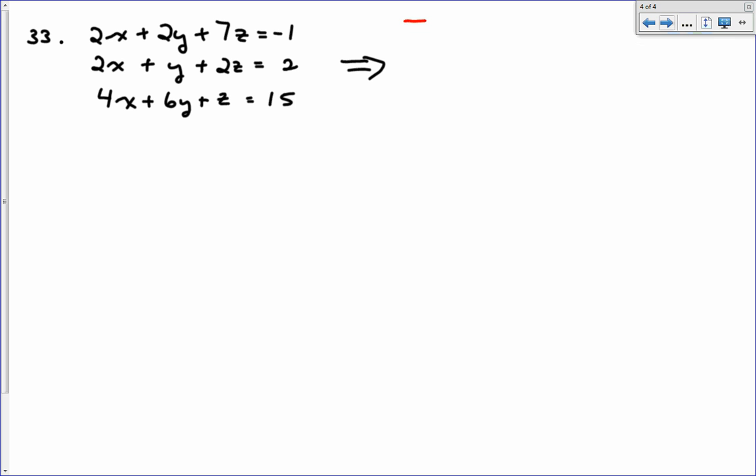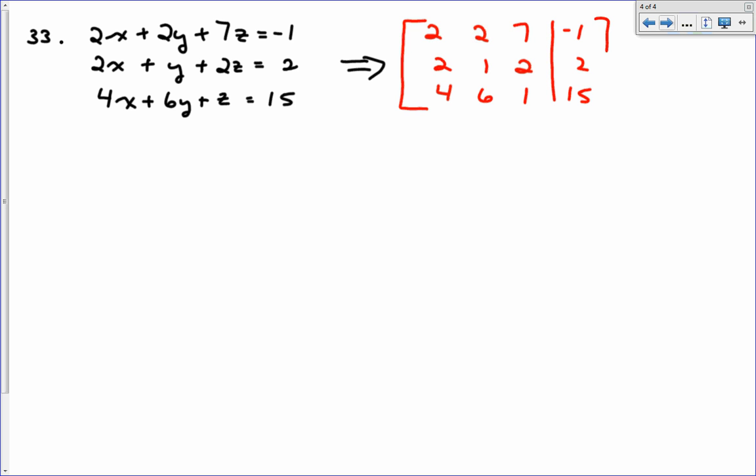The first step is to write the system of equations in augmented matrix form. So my coefficients are 2, 2, 7, 2, 1, 2, 4, 6, 1, and my constants are -1, 2, and 15.